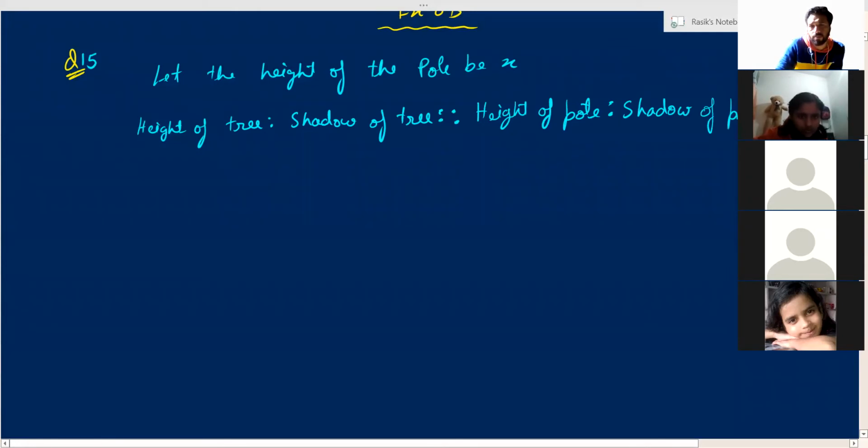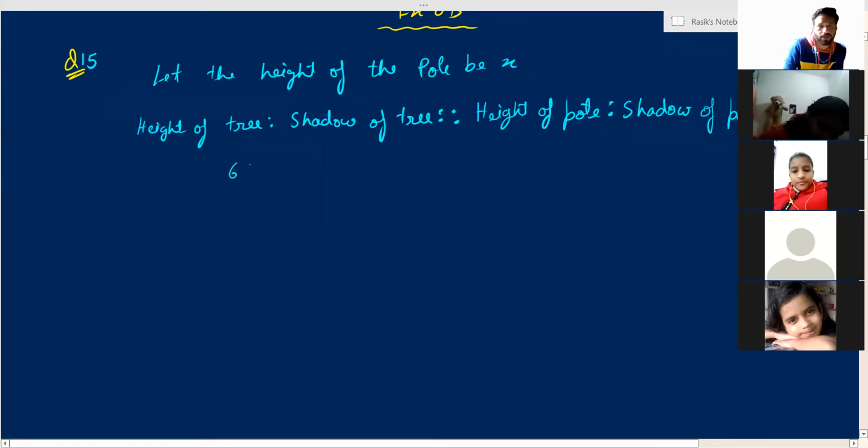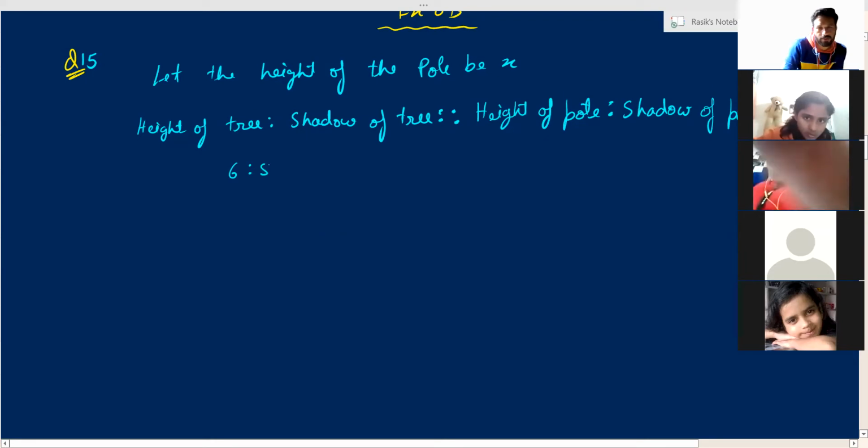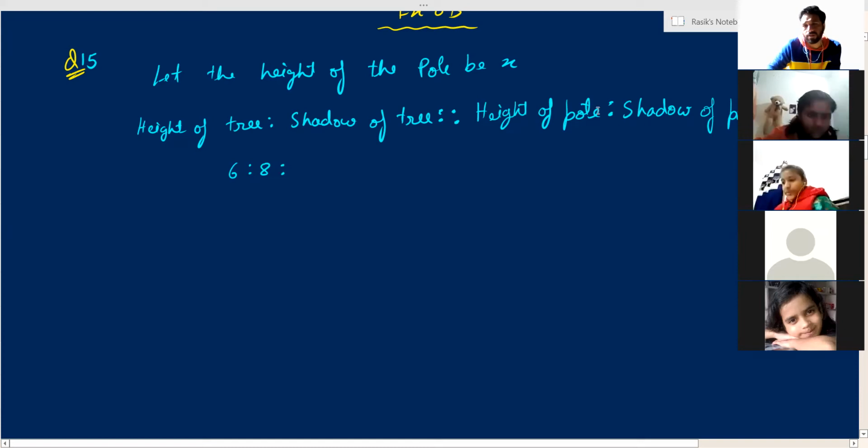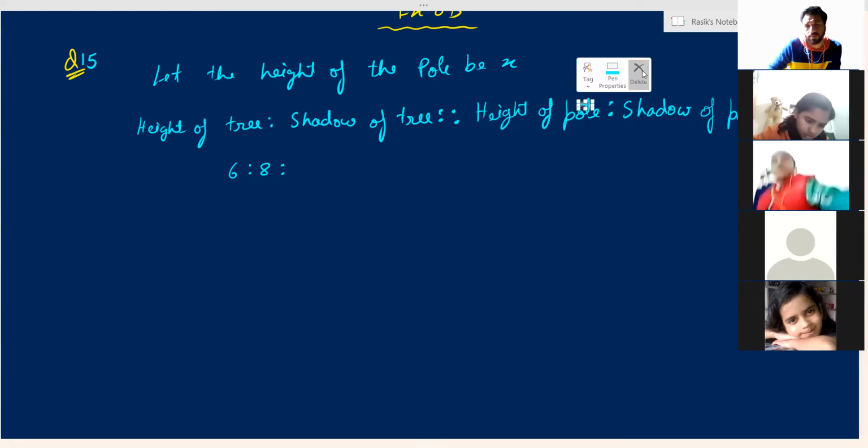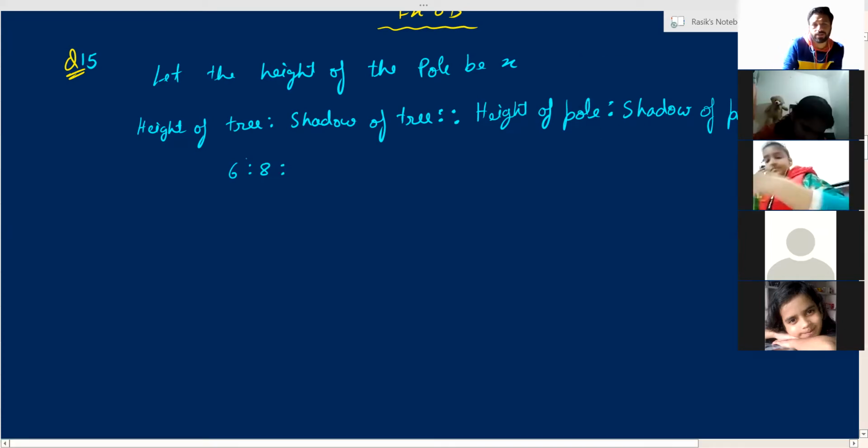Yes, sir. So let's put the values. Height of tree. What is the height of tree given? It is given in the question, 6 meters. Shadow of tree, 8 meters. What is the height of pole? It is not given. We have assumed that it is x, proportional to x ratio and the shadow of pole is 20.